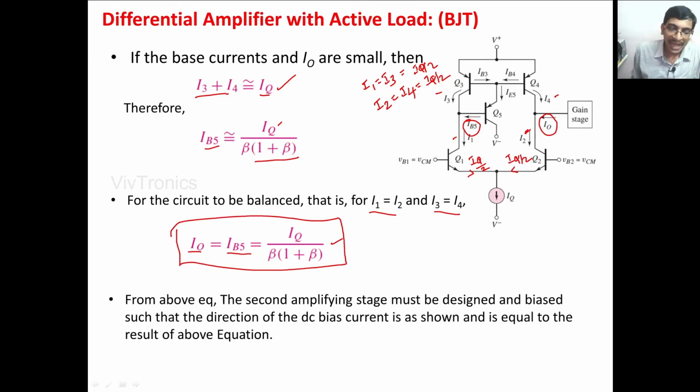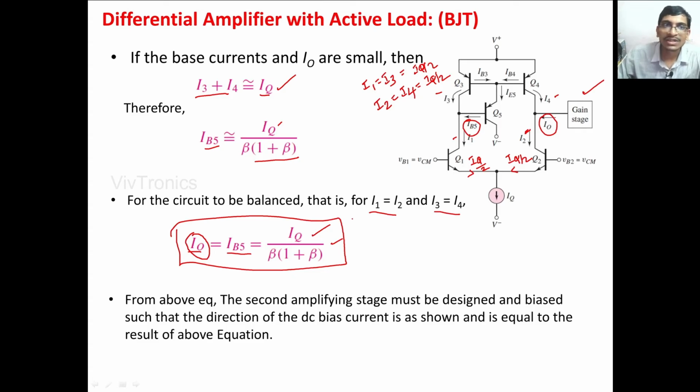Now from the above equation, the second amplifying stage or the gain stage must be designed and biased such that the direction of the DC bias current is as shown in the figure, from right to left, and equal to the result of the above equation. Therefore, we need to select the second stage input current I0 equal to this value so as to balance this circuit.